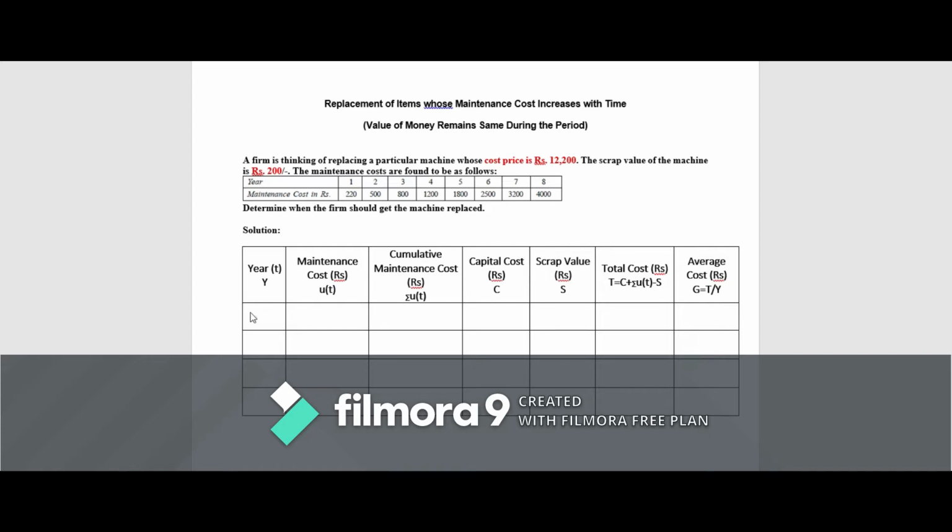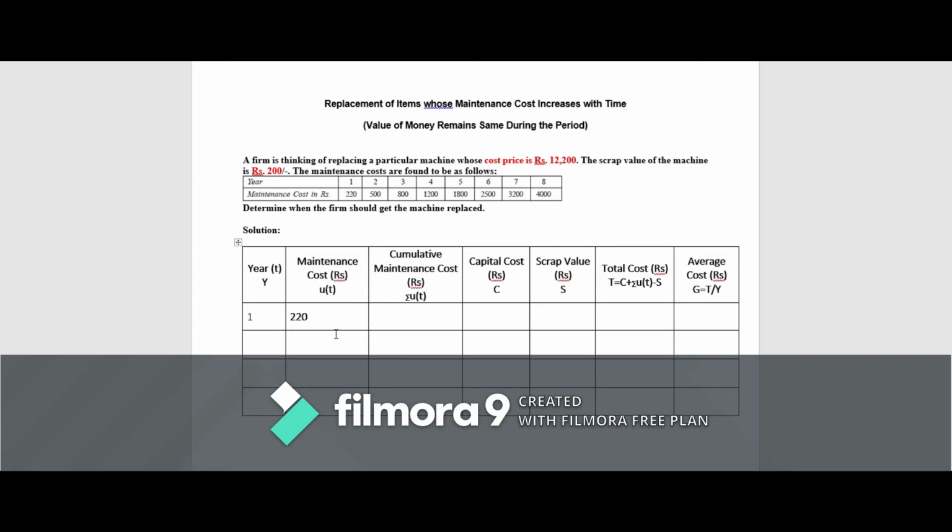Make a table like this. In the first column, year. For the first year, we are going to operate the three values, cost. The second column is maintenance cost. The maintenance cost for the first year is just 220 rupees.